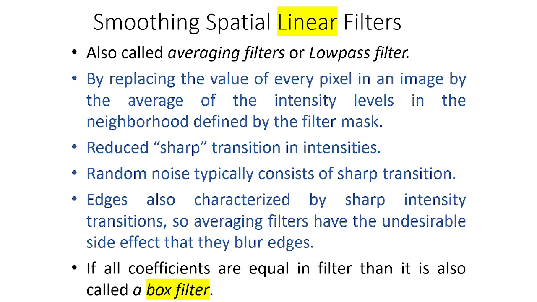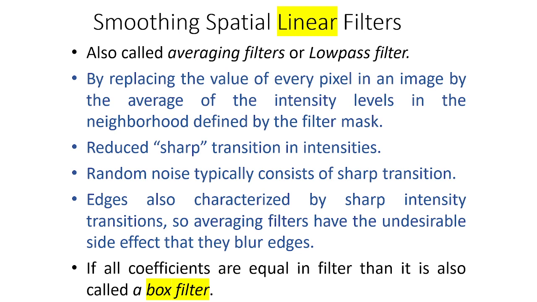Since it is an averaging filter, we take the average of all the intensity values and change the center value to the average value. So by using this filter we can reduce the sharp transition.